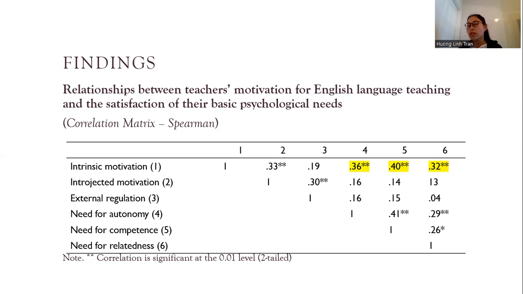In other words, it can be concluded that teacher satisfaction of their need for autonomy, competence, and relatedness is linked to their intrinsic motivation, or will impact their intrinsic motivation. However, causality cannot be identified here.